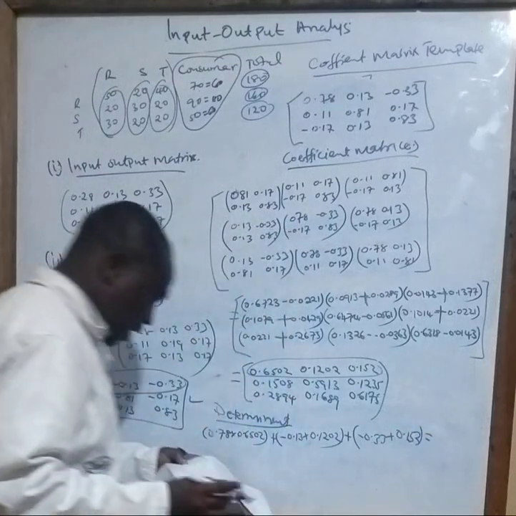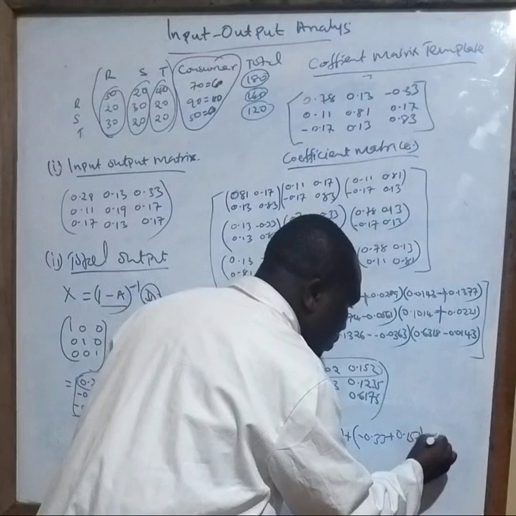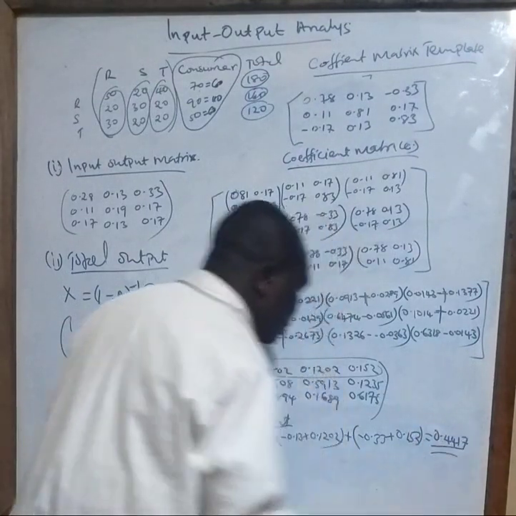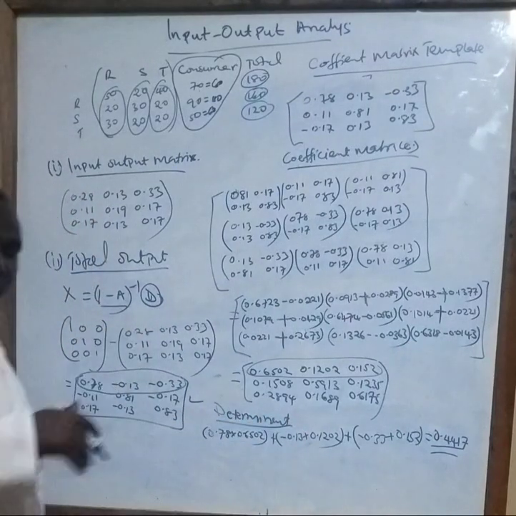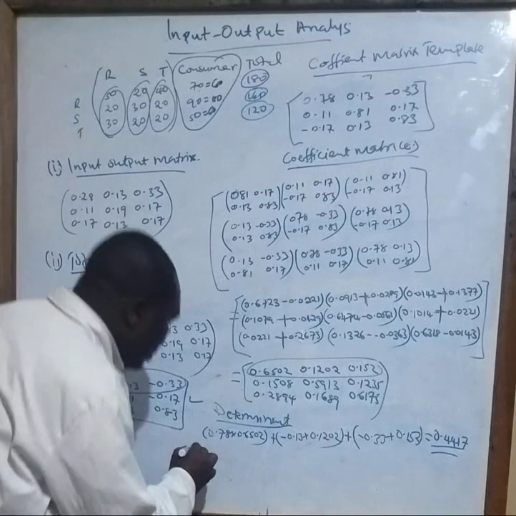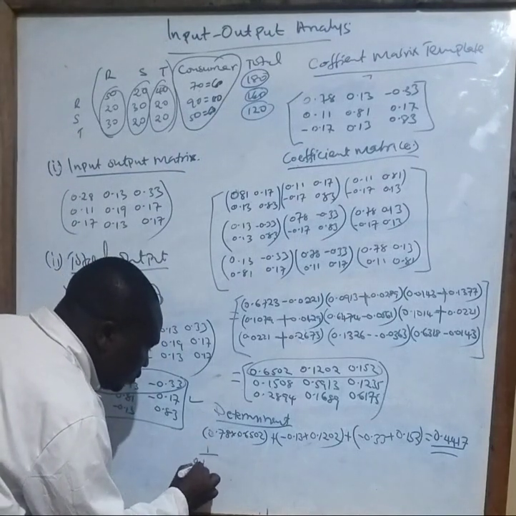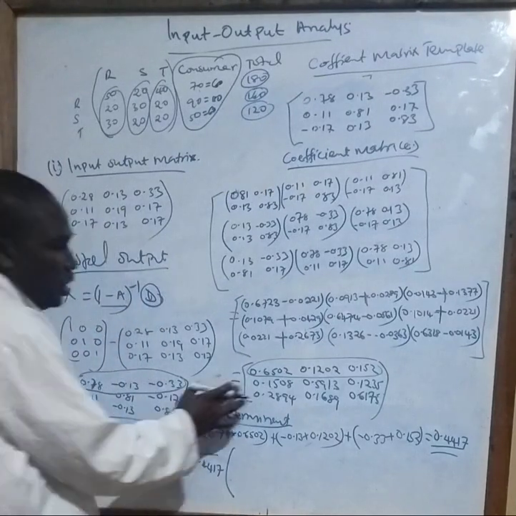So your answer there will give you 0.4417. Correct? Once you get now the determinant, you go to the inverse. So the inverse now will be 1 over 0.4417 into inverse.